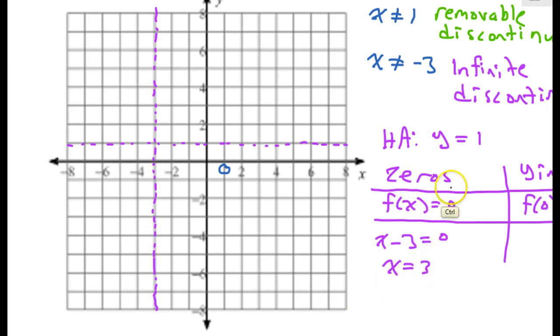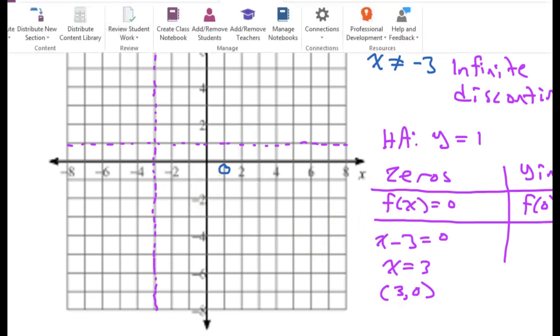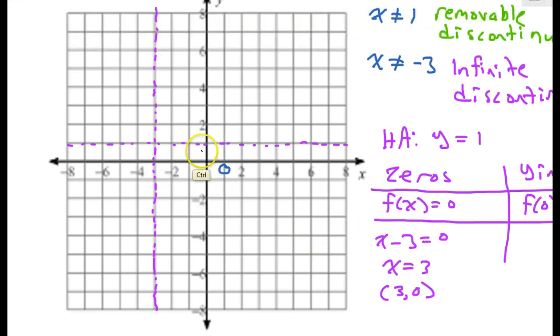That's a 0 of the function. In other words, I have an x-intercept at 3 comma 0. Okay, might as well graph that. So 3 comma 0, that's right here. So there's my x-intercept.